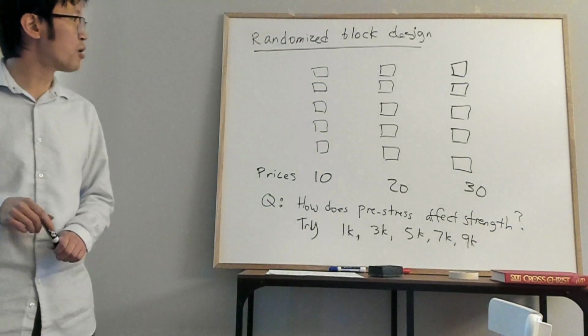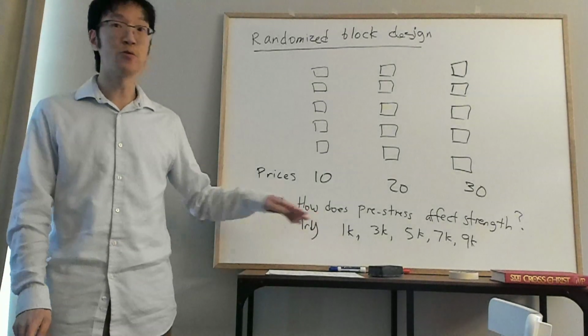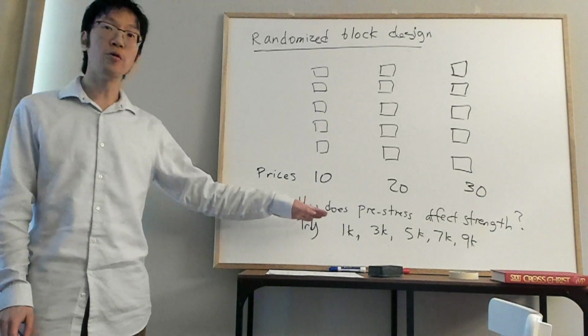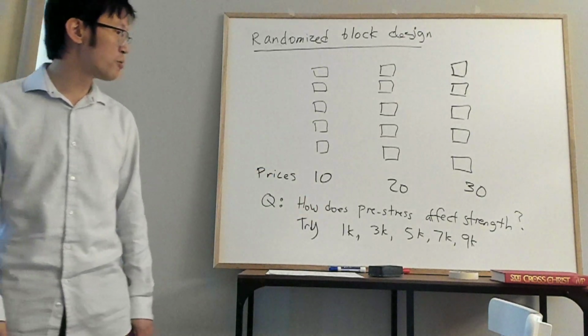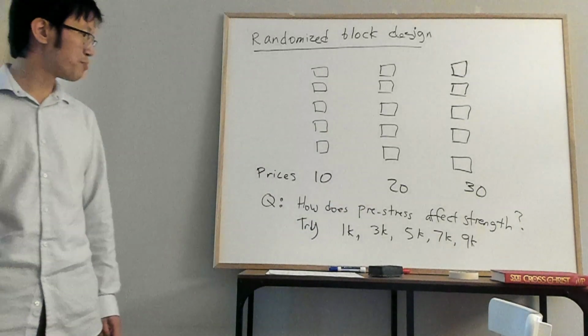As we've learned, there's one factor in this experiment, and that is the load level that I'm going to apply to the wood. I've set it up such that we have 5 levels.